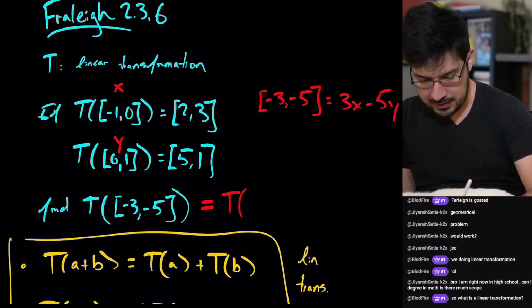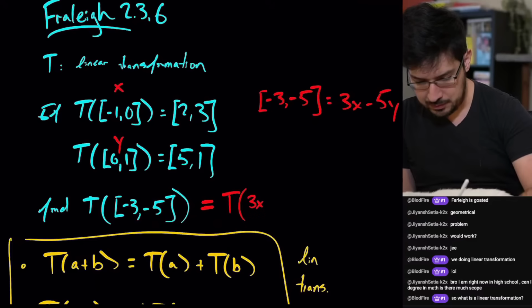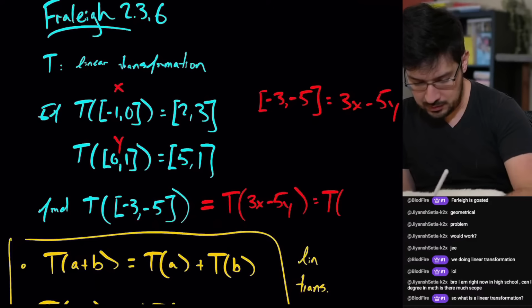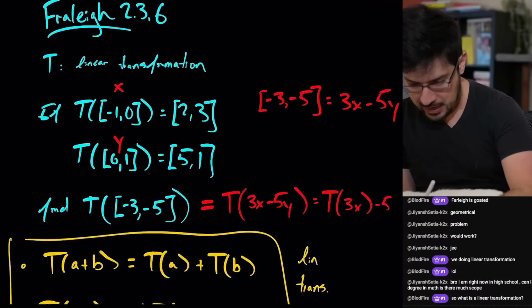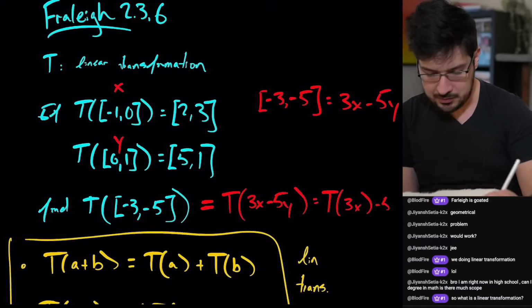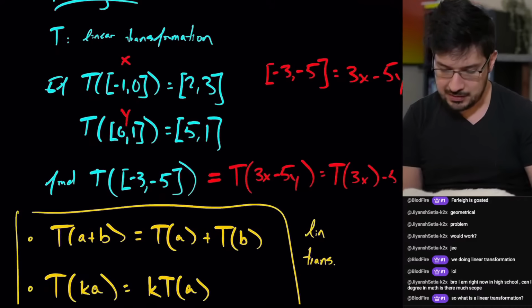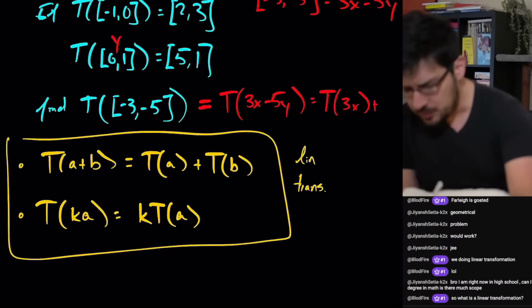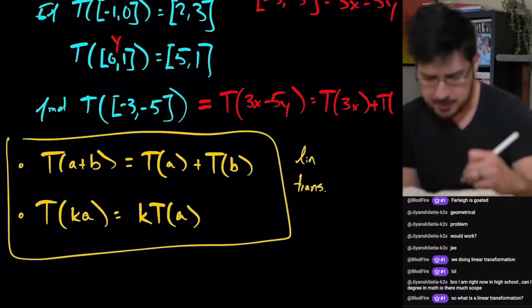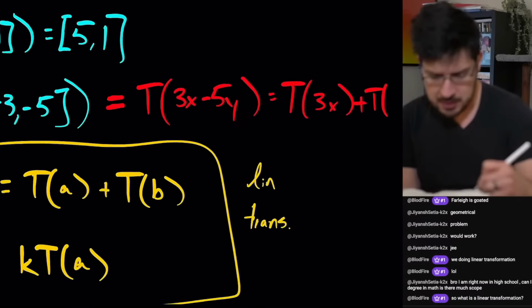So then this would be equal to 3x minus 5y, and then... Shoot. I gave you the definition of a linear transformation. I can give you more examples, but it starts to get tougher and tougher. Here, let's do this in 2 steps. T of 3x plus T of negative 5y.